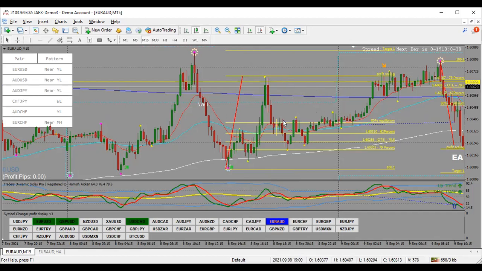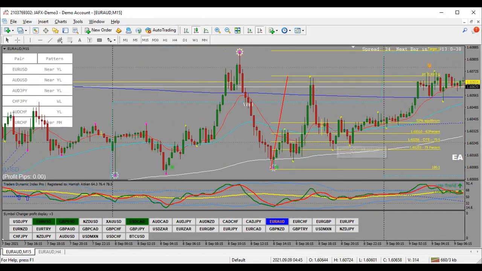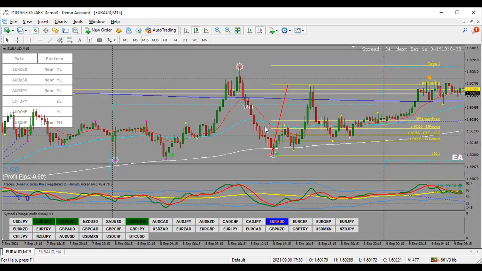Is there some kind of clue when we should wait for the price to touch the high or low? No. See, in as much as price is within the range, and watch, once price forms this semaphore within the range, it means price might not get out of the range. So this semaphore shows that price will remain in the range.